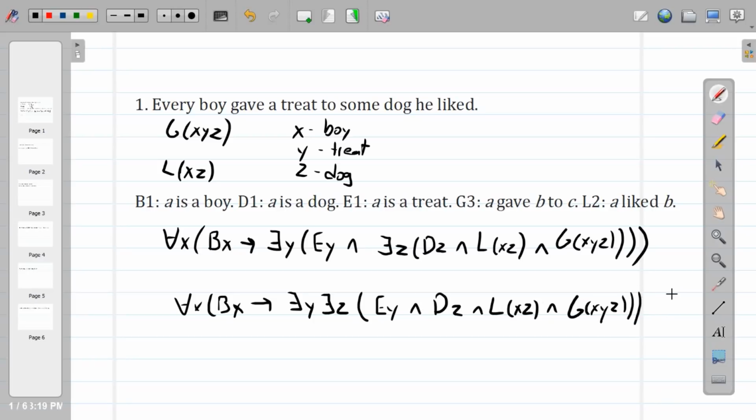I'm told math people prefer to do it this way to get their quantifiers out front. For some reason, that's easier for them. That's a perfectly valid way of symbolizing these things. There's nothing logically wrong with that.